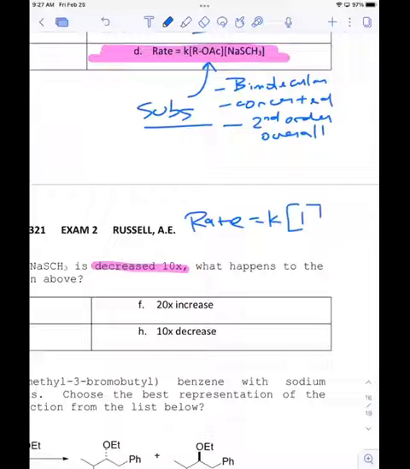Would it be F? You said F? Okay, think about what you just said. F is saying that it's going to increase 20 times if I decrease the concentration of one of my components 10 times. That's not feasible. In order for it to be F, I would have to increase one of those by 20.